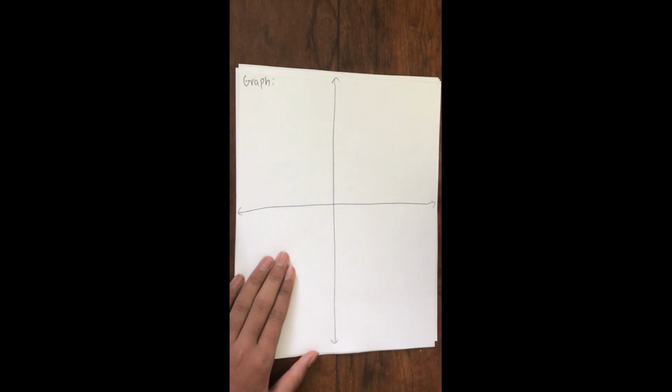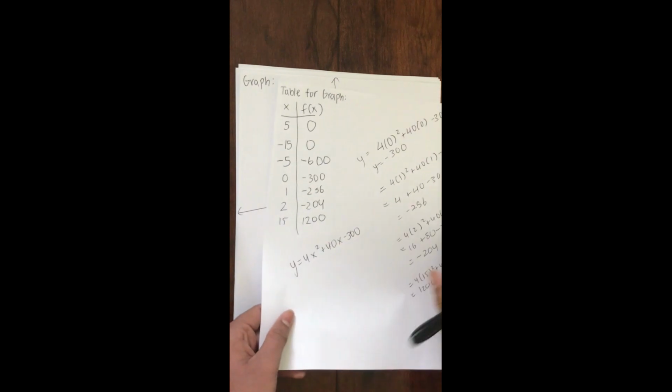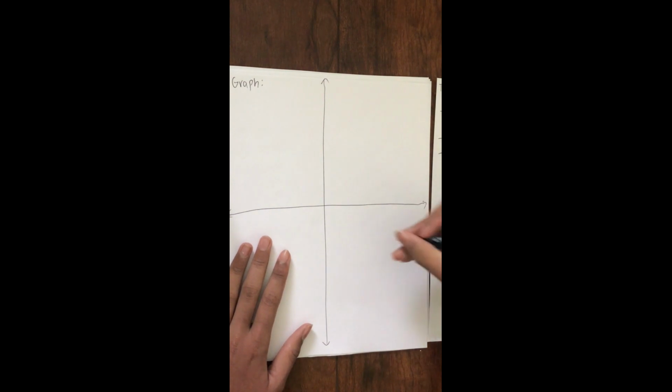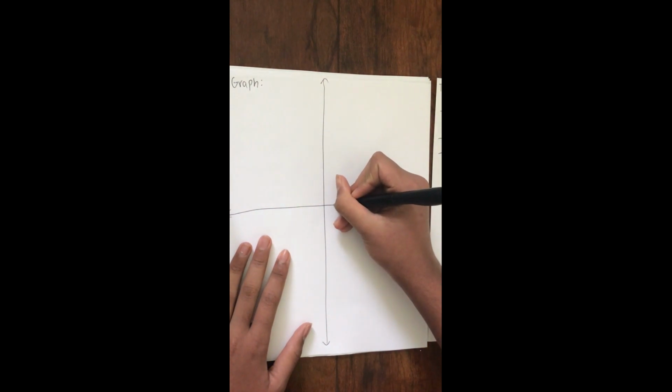Alright, so with our table for the graph here, our x values go up to 15 on both sides. So we can go in intervals of maybe 3, for example.